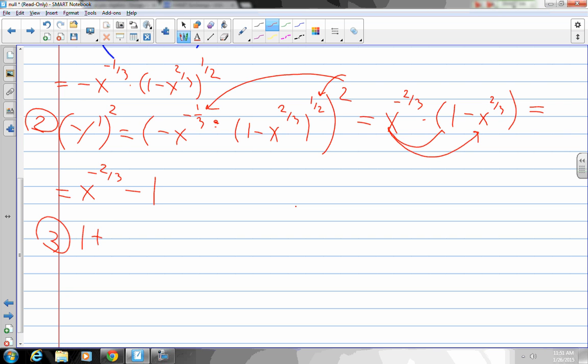Because remember, it's 1 plus the prime squared. So we already computed the prime. So we get 1 plus x to the negative 2/3 minus 1. So the 1's go away. So x to the negative 2/3. So this is now my radicand. And again, it's a perfect square, but now it doesn't have to be, right?